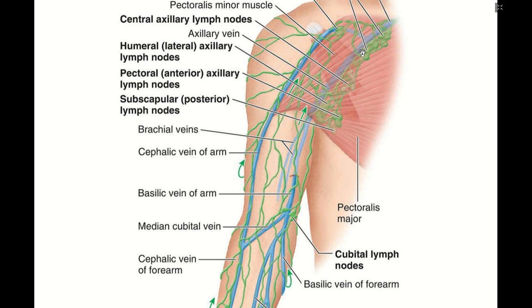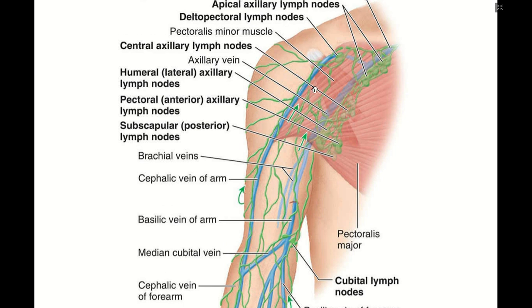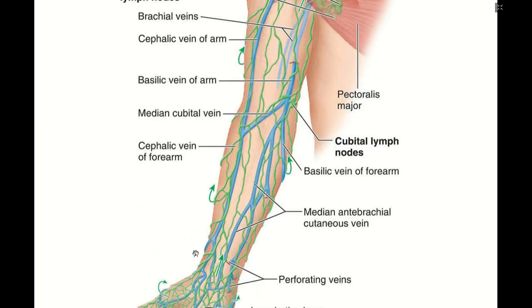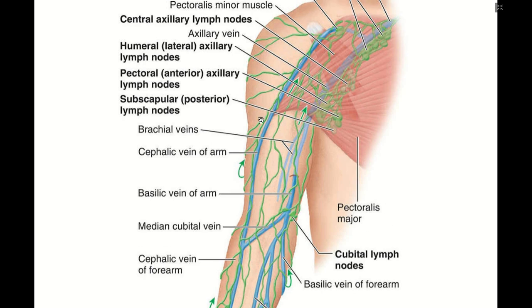Take note of this. There's another group of lymph nodes, the deltopectoral group, also called the infraclavicular group. We also have lymph coming from the lateral portion of your upper limb: from your second and first digits and the lateral part of the forearm and arm.